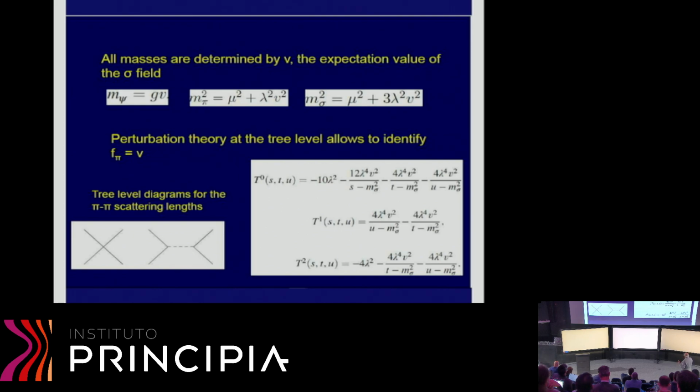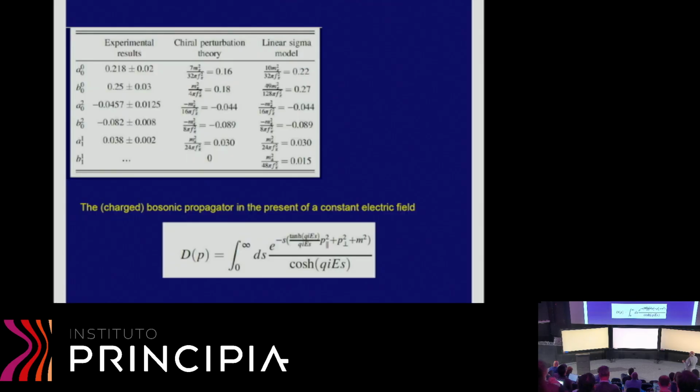Here you have it: isospin 0, isospin 1, isospin 2. In fact, the model works pretty well. These are experimental results from the previous experiments I already mentioned. These are the predictions of chiral perturbation theory, and you see that the linear sigma model is doing pretty well. These are for different quantities.